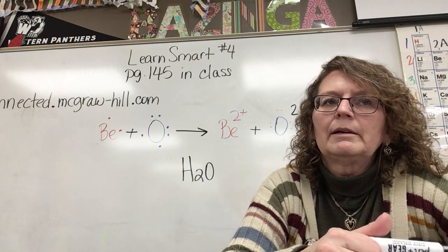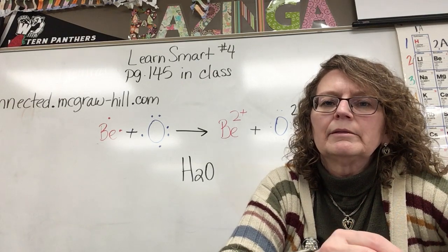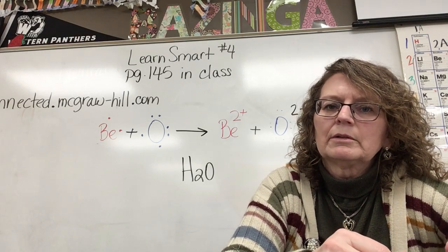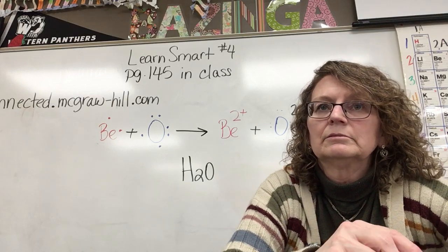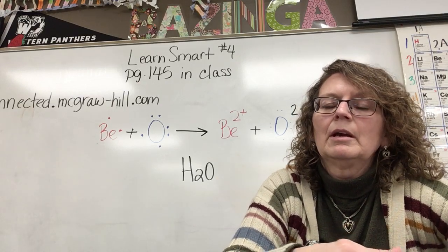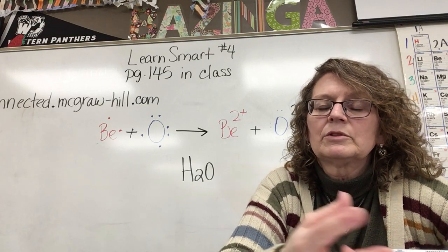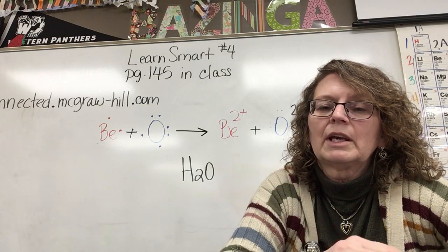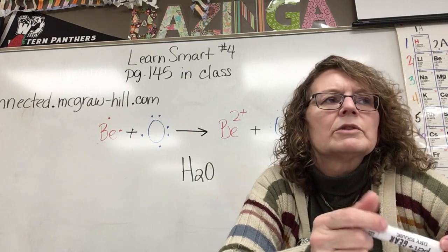What if I said, what kind of bond makes table salt? Well, what's table salt? We've been talking about that now for 4 weeks, maybe. Sodium chloride, NaCl, and it was in, I think, 2 different videos, maybe 3. Those short videos.